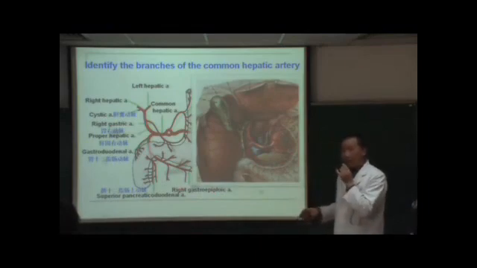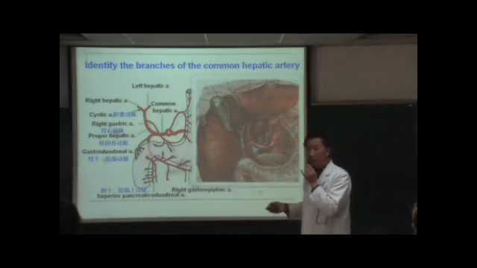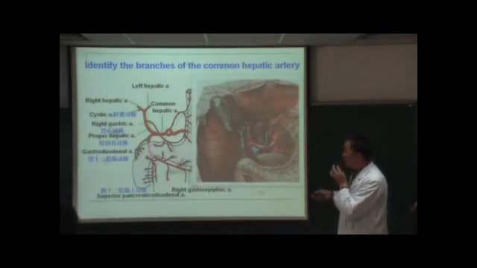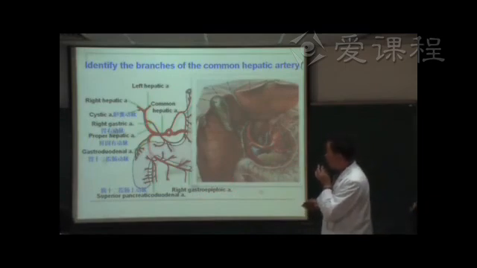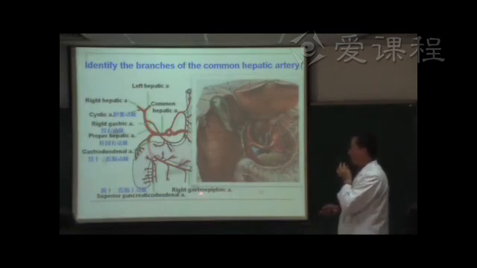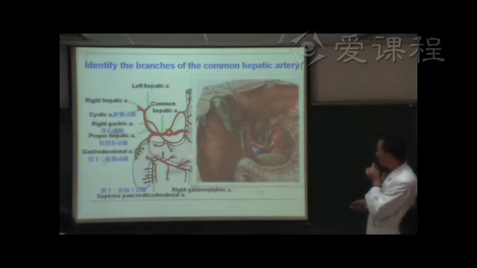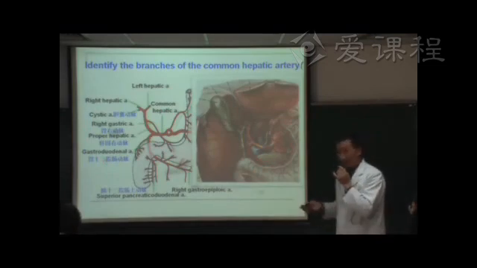This artery goes along the greater curvature of the stomach and anastomoses with the left gastroepiploic artery. 与胃网膜左动脉吻合. These are the branches of the common hepatic artery.